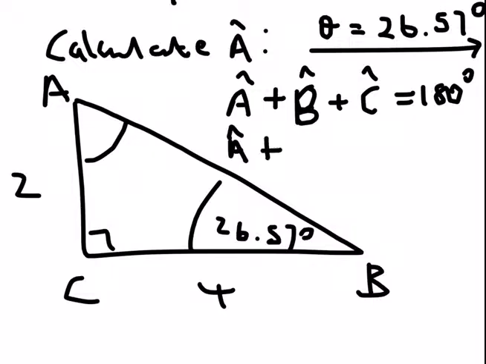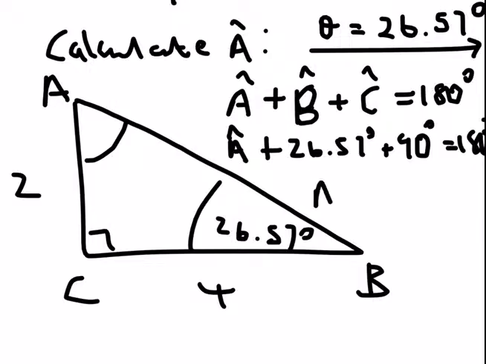What is angle B? I just calculated it now, it is 26,57 degrees. What is angle C? That one is always 90 degrees. And then we have 180 degrees. So can you see? Now all that you need to do is like you're solving for x, but you're solving for a. So you just say 180 degrees minus 90 degrees plus 27.57, and then it gives you 63,43.